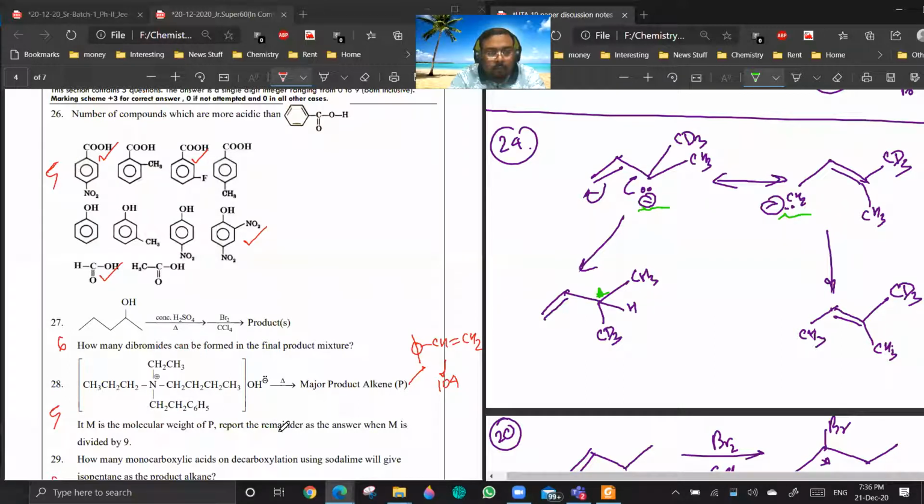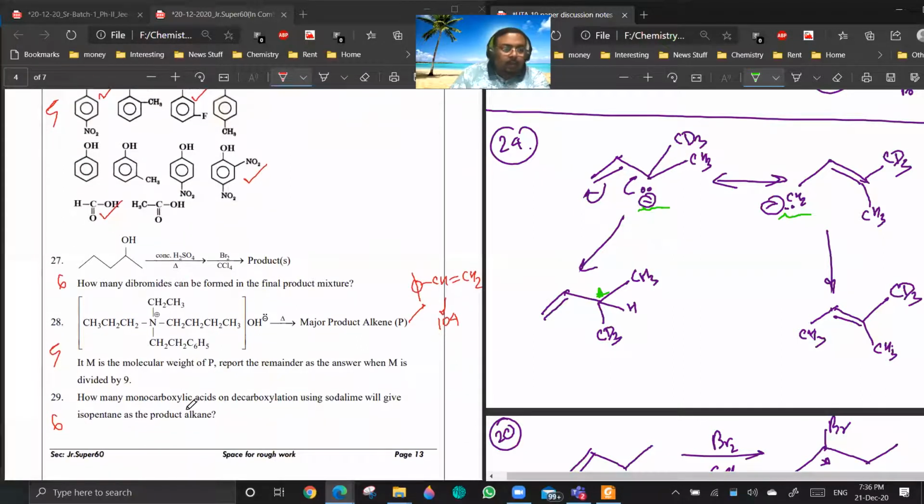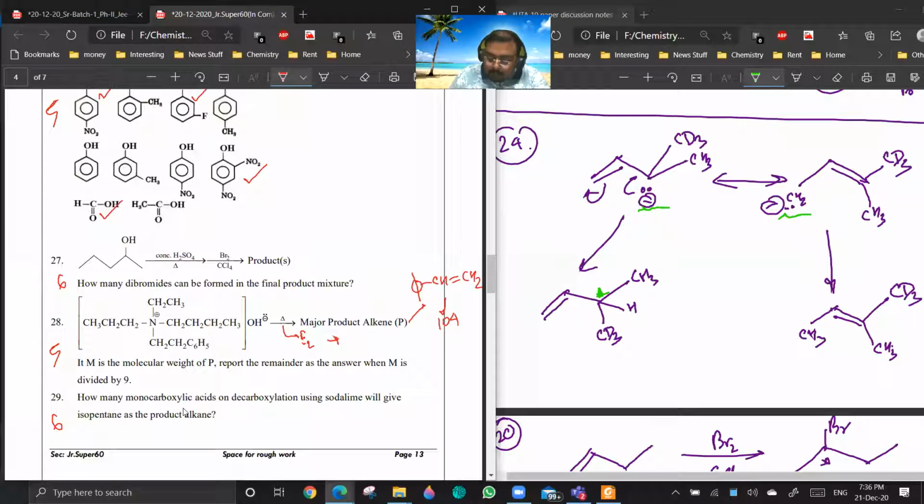28, sir. See, in this case, when you have Hofmann's elimination, your carbanion will have a transition state, it's an E2 elimination. Yes or no? Yes, sir. E2 elimination with carbanion character.